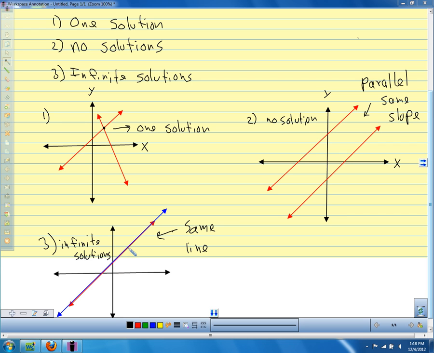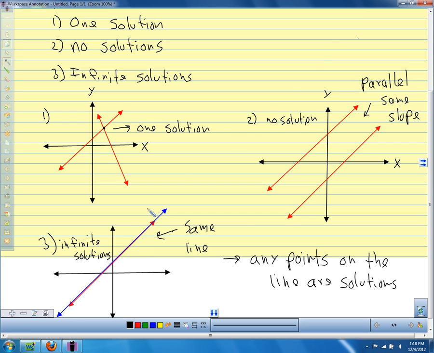For the infinite solution case, the solution is any set of points on the line. So any place that's on that line is going to be a solution. That's how we end up with infinite solutions.